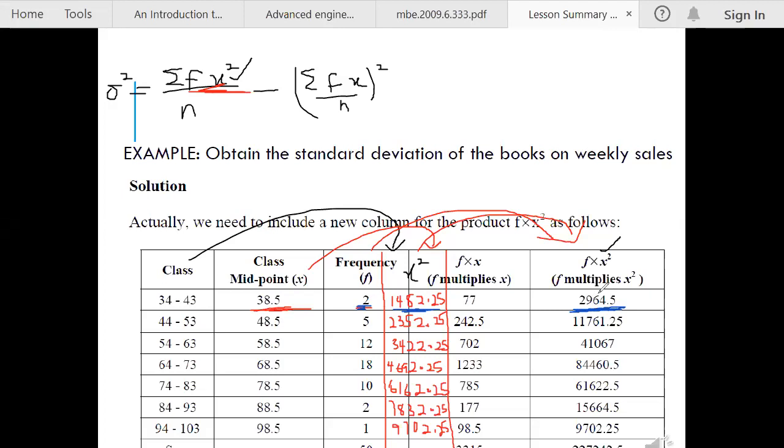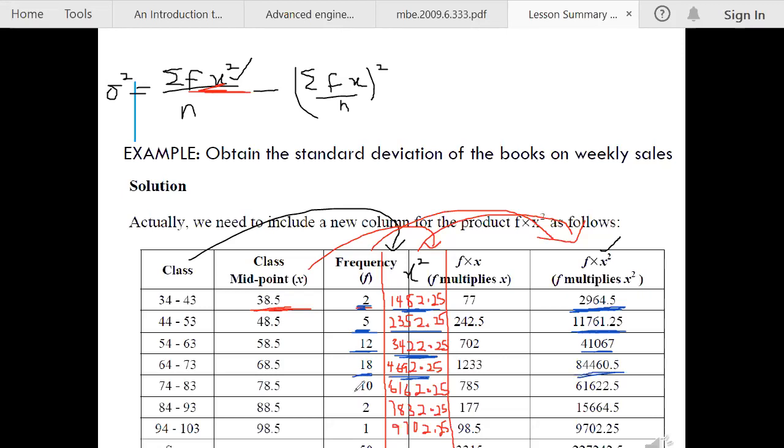Yes, sir. Then you do the same for the next one, which is 5 times 2352.25, should give us what you have here. Then the next one will be 12 times 3422.25, should give you this. Then 18 times this should give us that.